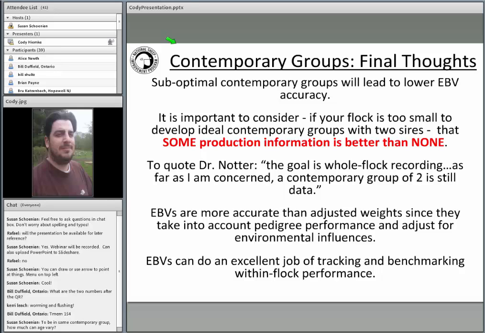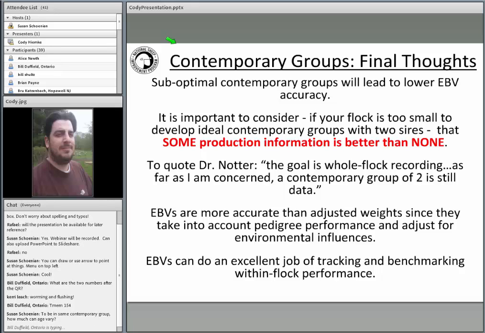As far as he was concerned, a contemporary group of 2 is still data, especially if that is the 2 that you have. And for producers that are used to doing adjusted weights, their adjusted weights are good. It's good to be taking that production information, but EBVs are a more accurate estimate of performance ability, simply because pedigree performance is included and it can adjust for environmental influences.